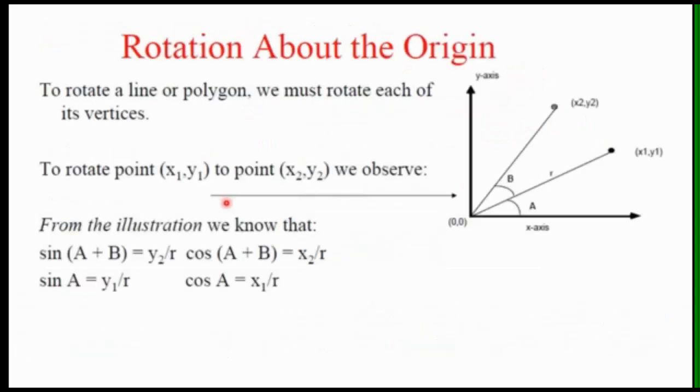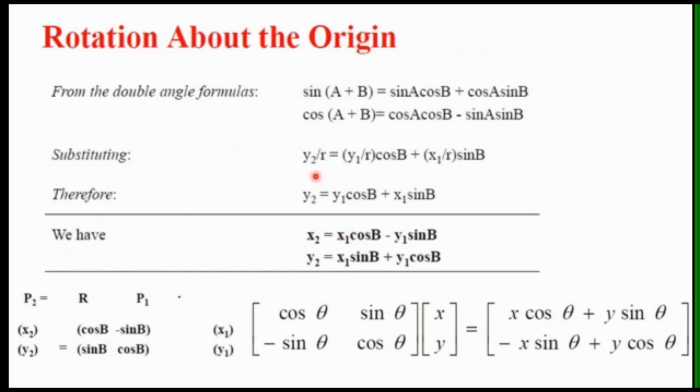But in the previous slide, we saw that sin(a plus b) is equal to y2 by r and cos(a plus b) is equal to x2 divided by r. So when we put these values in, we get y2 divided by r is equal to y1 divided by r into cos b plus x1 divided by r into sin b.